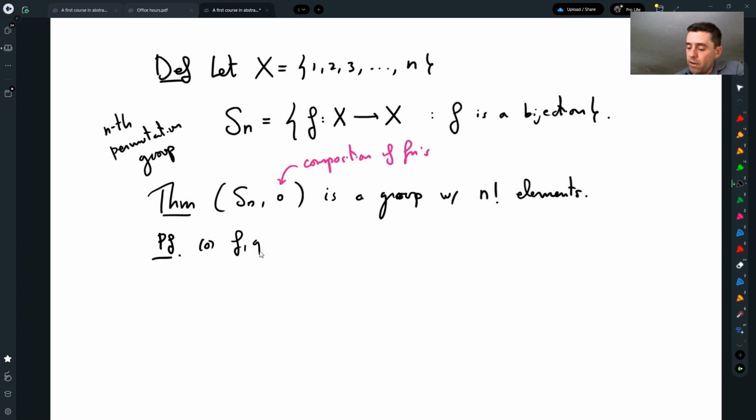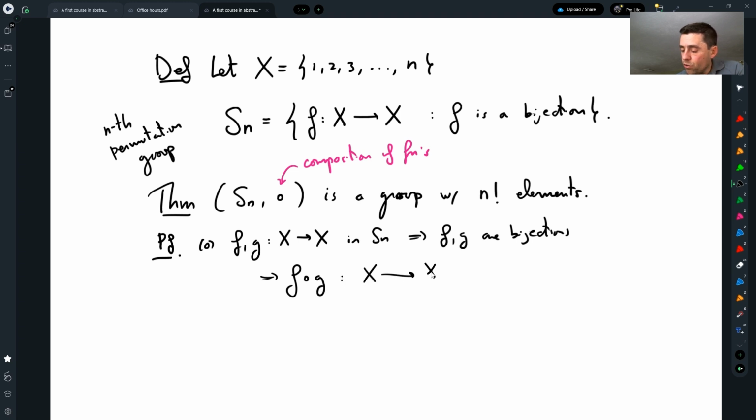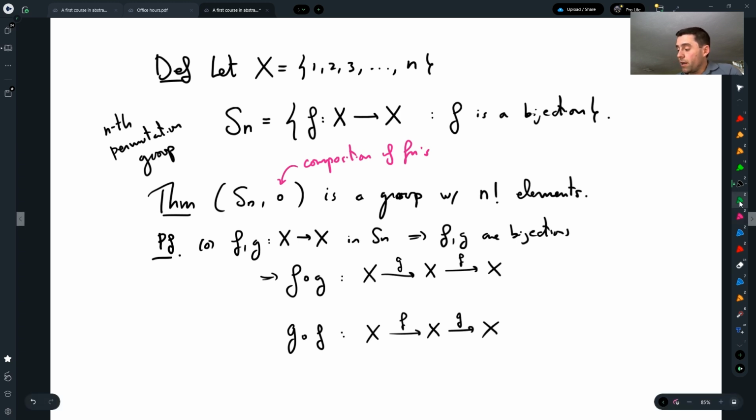So let F and G be elements in Sn, then F and G are bijections, and therefore F composed with G will be a map that goes from X to X and from X to X, first through G and then with F, and G composed with F in the other order will be also a map that goes from X to X and then to X, first F and then G.